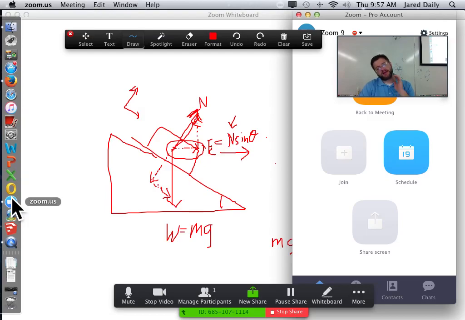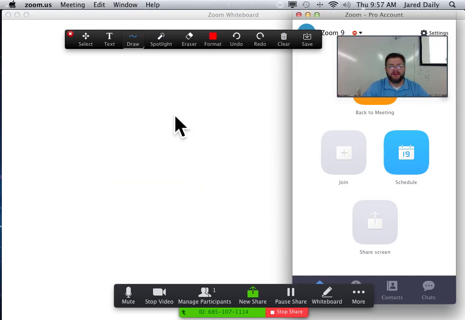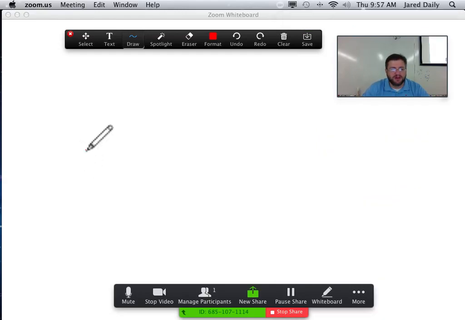Okay, so if we're talking about the normal force when it's moving, that changes things. Essentially, the normal force becomes... I need a new picture because this one's too messy. Clear all. Okay, see if I can do a better drawing with this mouse. Nice clean drawing, maybe.